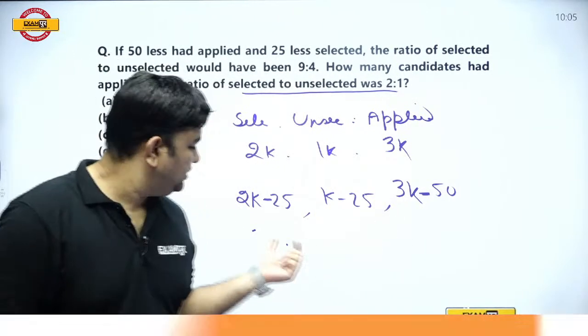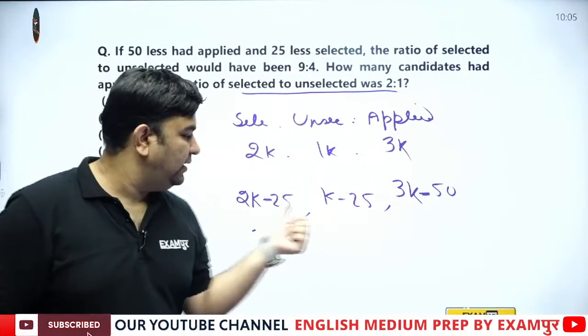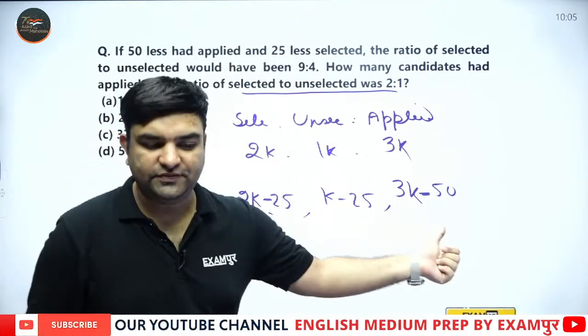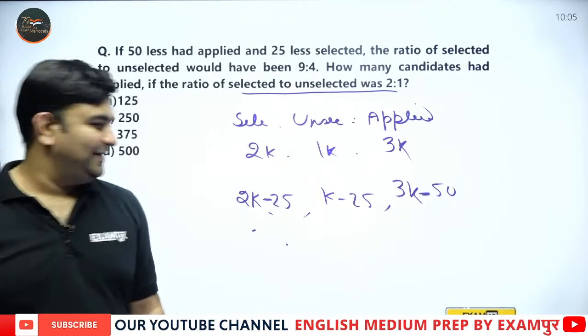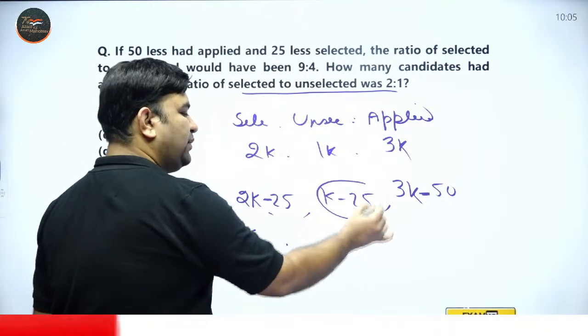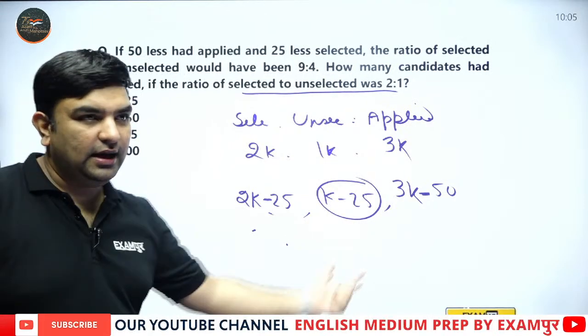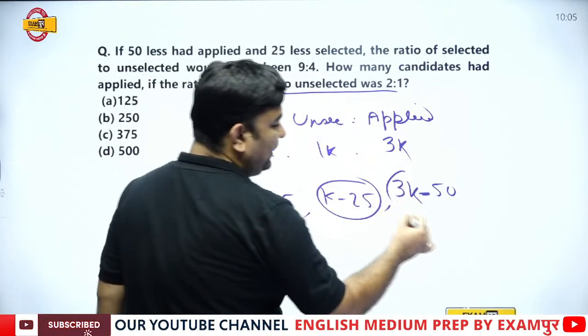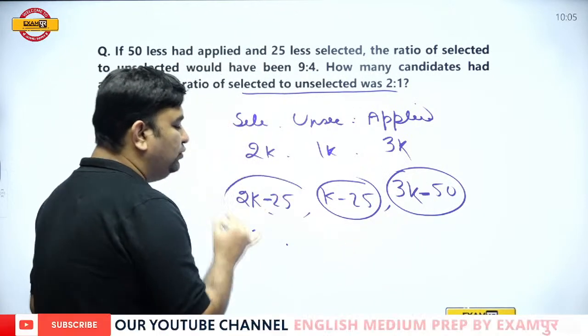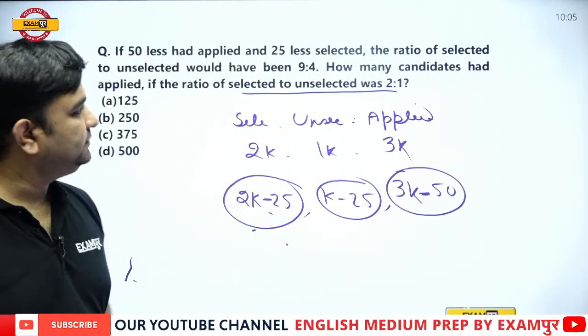Have you got this point? 2K plus K is 3K, minus 25, minus 50. So newly unselected is K minus 25, newly applied is 3K minus 50, newly selected is 2K minus 25.